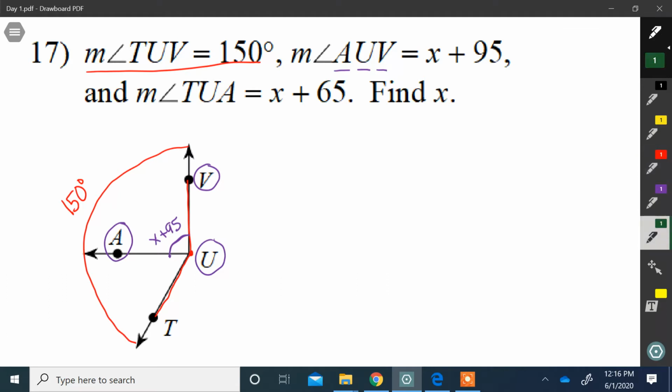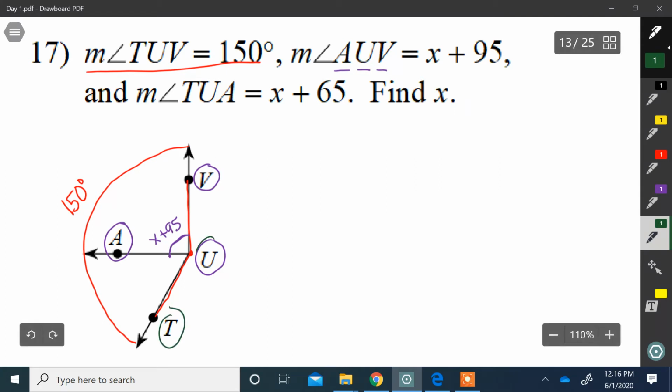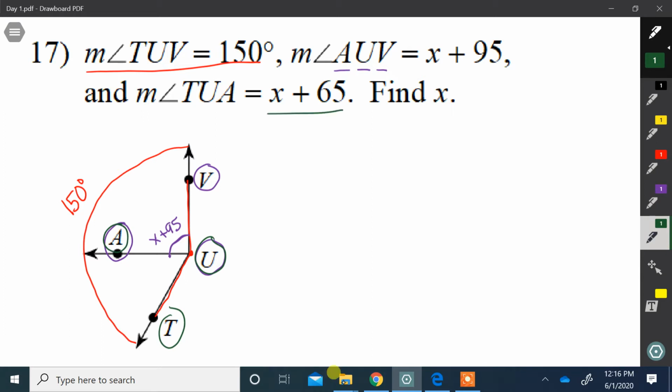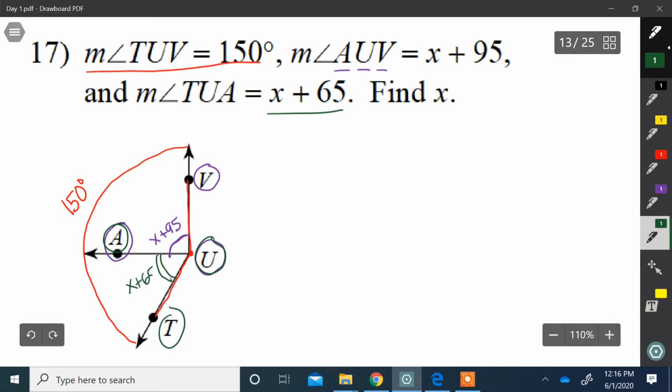We have TUA, so T, U, and A, that's x plus 65. So this angle right here is x plus 65. We're being asked to find x.